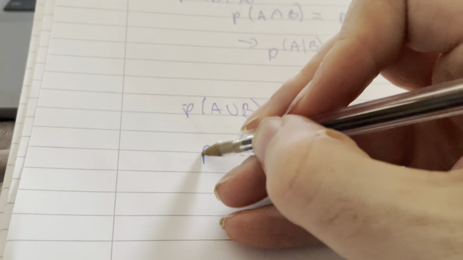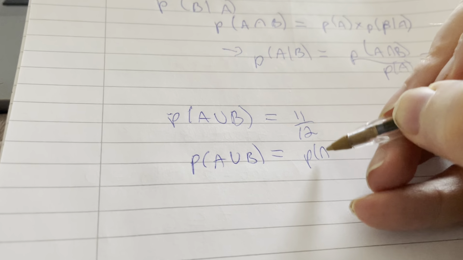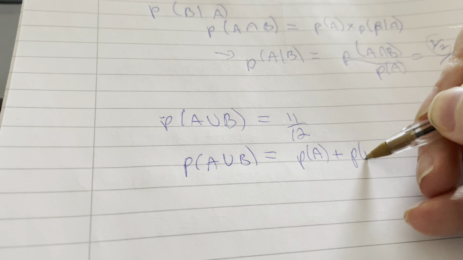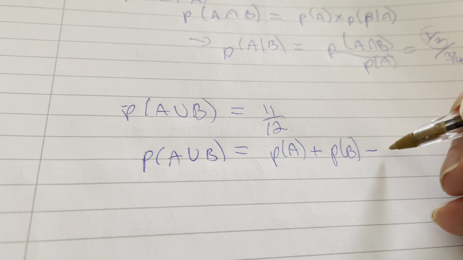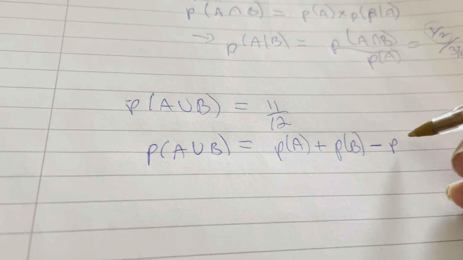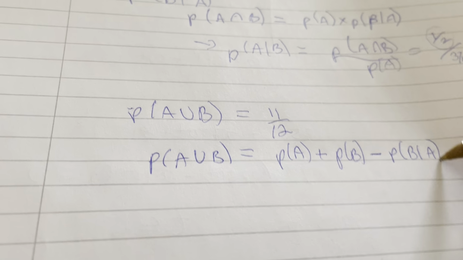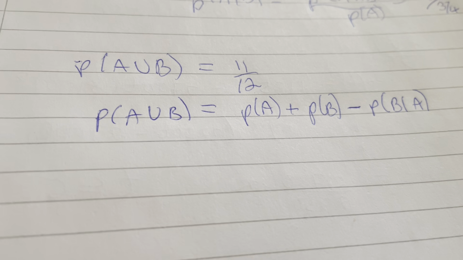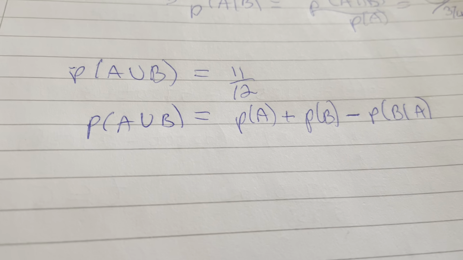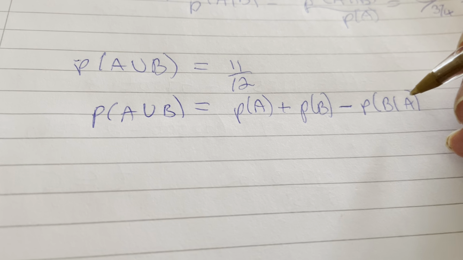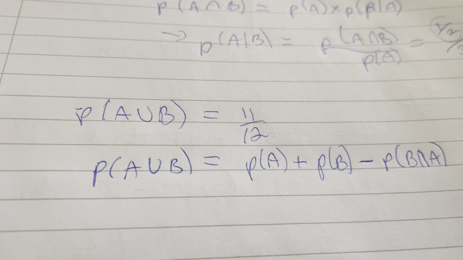Now, the probability of A or B is equal to the probability of A plus the probability of B. So remember, when we're talking about OR, we can add them, but we want to exclude the probability of B given that A has happened. So we want to leave that out because we don't want to double count. Sorry, the probability of B intersection A, of B and A.